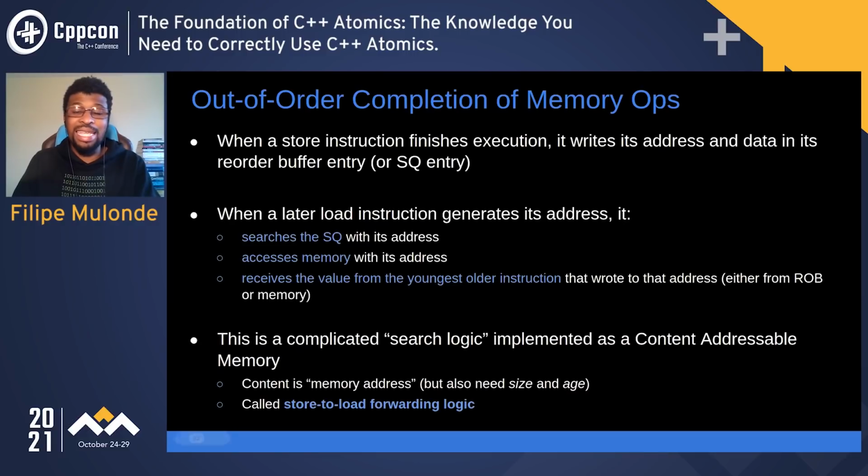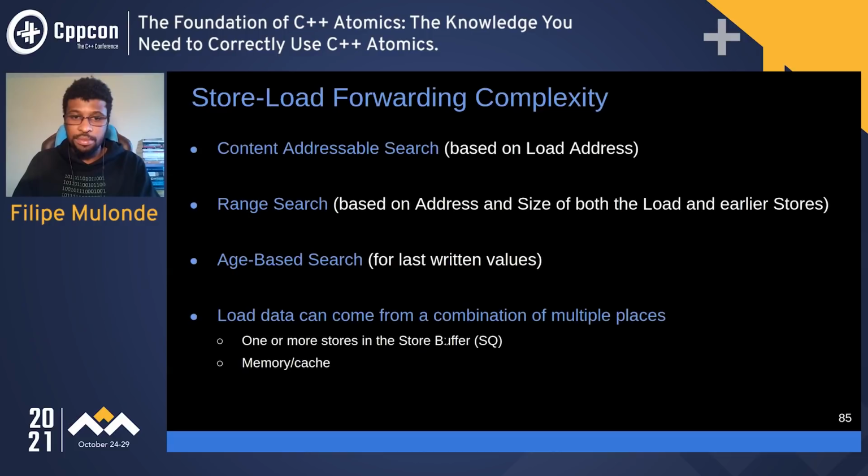Here we saw that this is a complicated search, and now we are going to see how complicated it is. It's complicated because it's a content addressable search: we cannot use indirection because memory state is large. It's also a range search, based on the address and size of both the load and the older store. It's an age-based search because we need to get the youngest value that was written to that particular address.